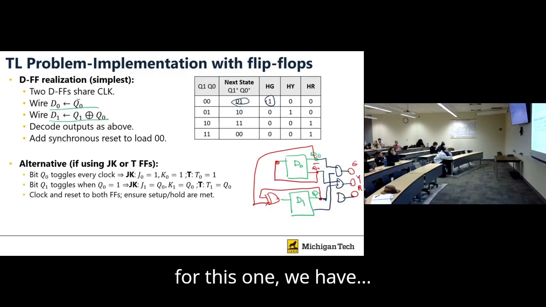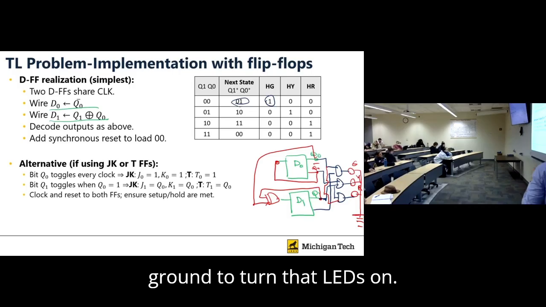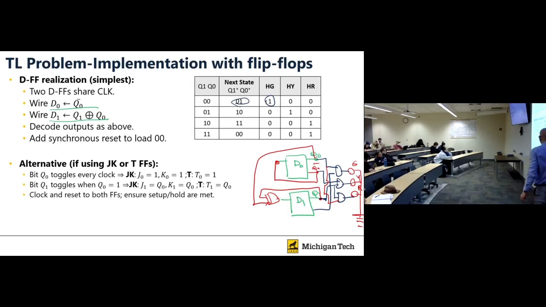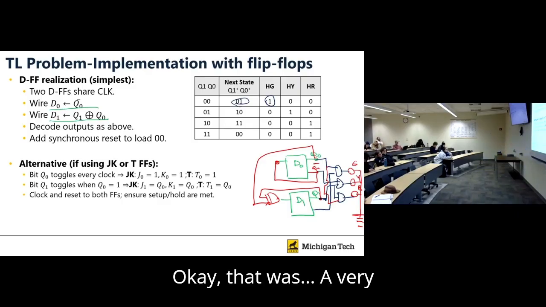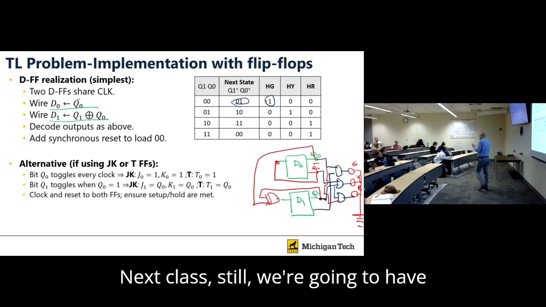And for this one, we use another color. This part is connected to the ground to turn the LEDs on because it's active high. Okay, that was a very simple example of a sequential circuit. Next class, we're still going to have more examples.